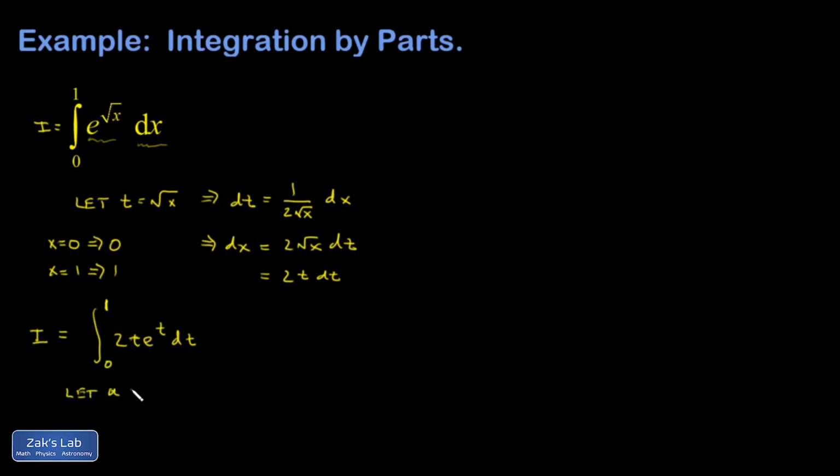Let u equal 2t, then du is 2 dt. And then the other piece is dv. Let dv equal e to the t dt. Then v is the antiderivative, e to the t.